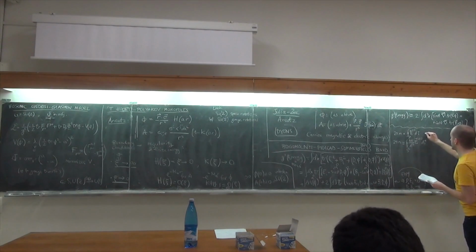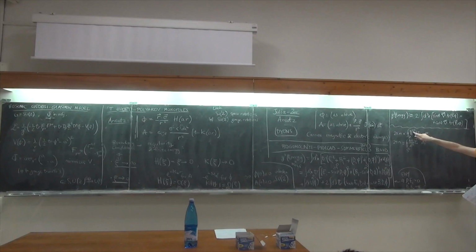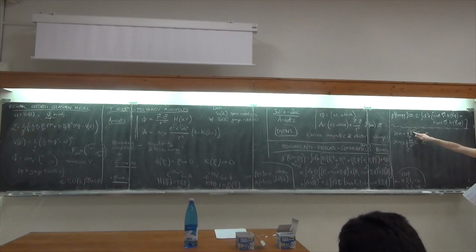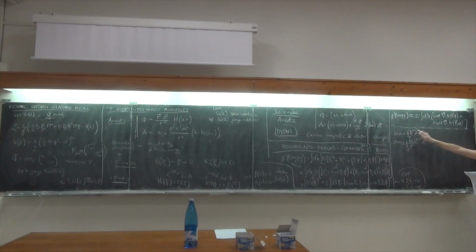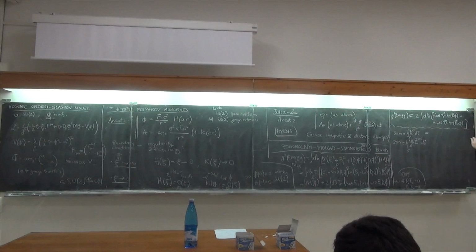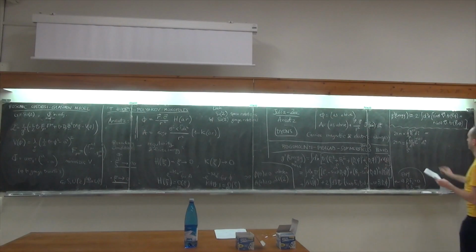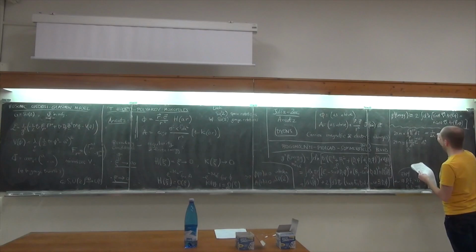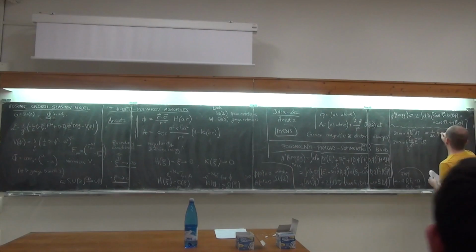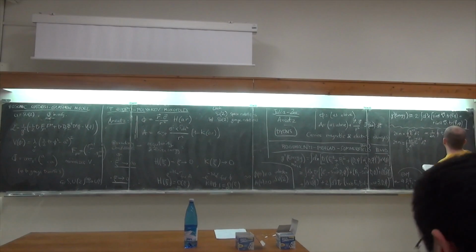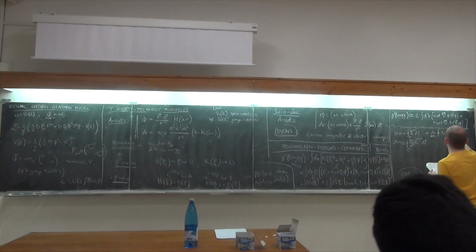If I use the definition of the electric and magnetic field for the unbroken U(1), which were here somewhere below, that will be erased, you'll see that this is just 1 over 2a integral of trace.